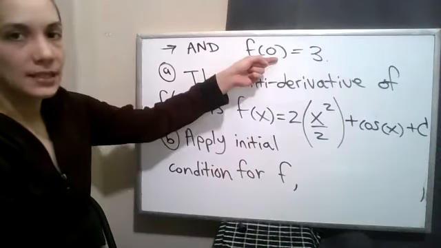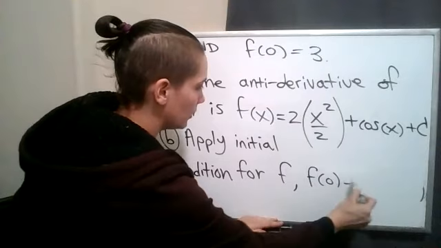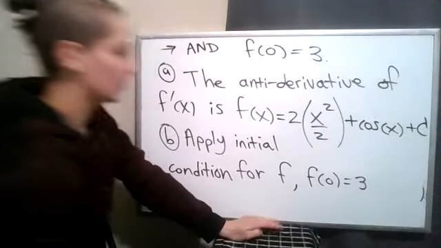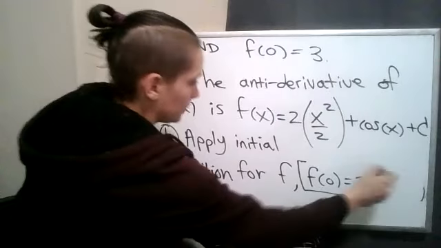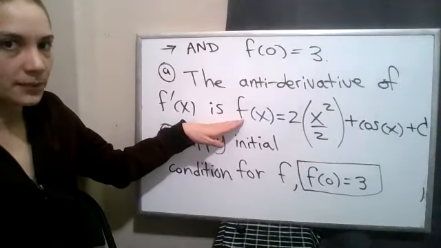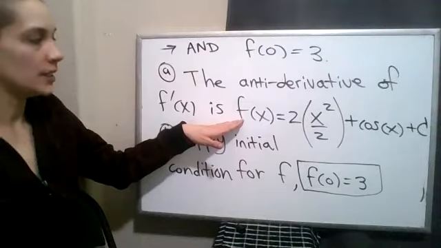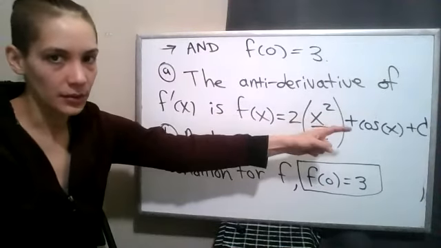It's when f sends 0 to 3. F of 0 will be 3. Cool. So this is our general function, our general solution, and we're putting in x equal to 0. So send in a 0 through here.